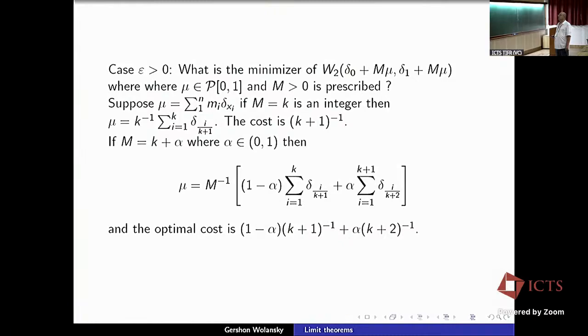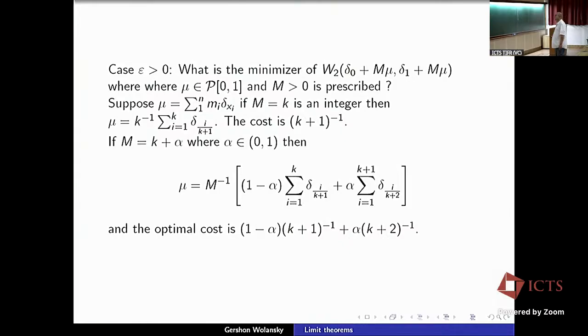If m is not an integer, it is an integer plus some alpha between 0 and 1, then the rest of the mass is distributed between the grid of distance 1 over k and the grid of distance 1 over k plus 2. So the optimal cost will be this one.